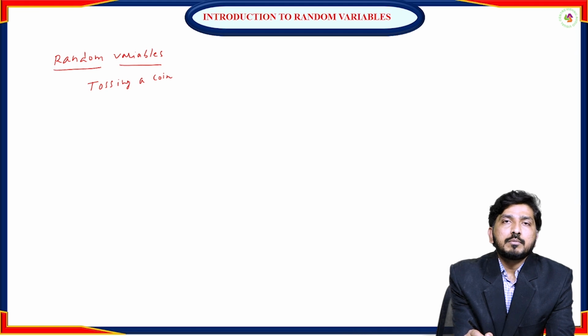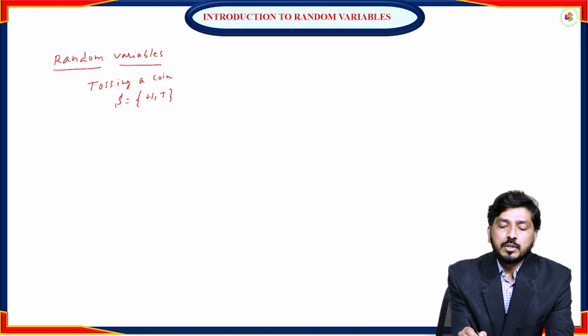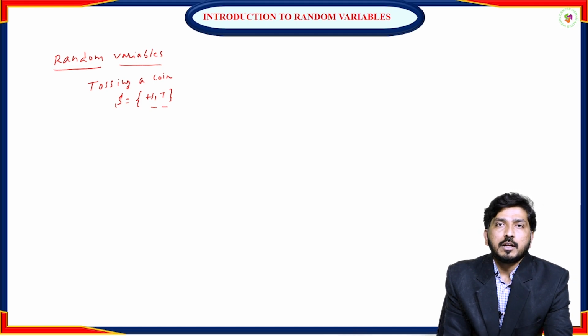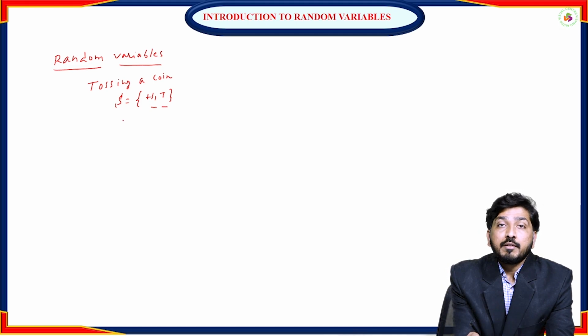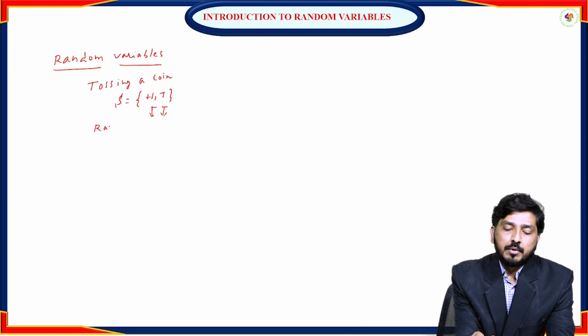So, what are the outcomes? We are familiar with the outcomes, that is the sample space: head, tail. So, the outcomes of this experiment are descriptive in nature, that is head and tail, which are not numerical. To know the behavior of random experiments whose outcomes are descriptive in nature, we use random variables.